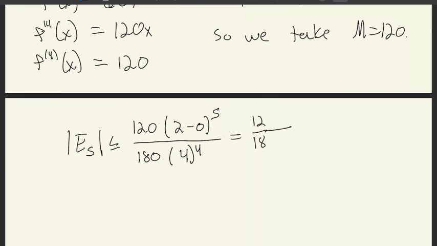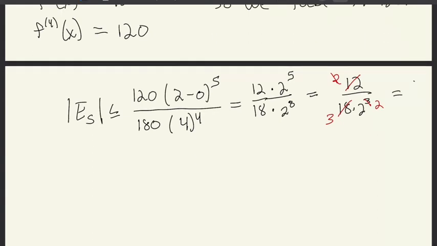Well, 120 divided by 180 is 12 divided by 18. Cancel the tens. We then have 2 to the fifth in the numerator. 4 is 2 squared, raised to the fourth is 2 to the eighth. So that is 12 divided by 18 times 2 cubed. 12 and 18 are both divisible by 6, so that's 2 and 3.